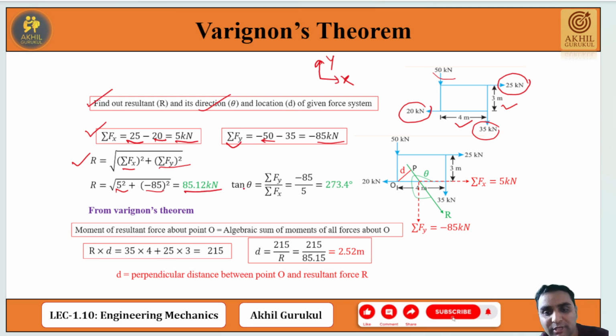So what is the direction? First of all, we have to draw this force system. Sigma Fx is positive, so we draw sigma Fx, 5 kilonewton. Sigma Fy is negative, so it will be downward, -85. The resultant R passes through this point.